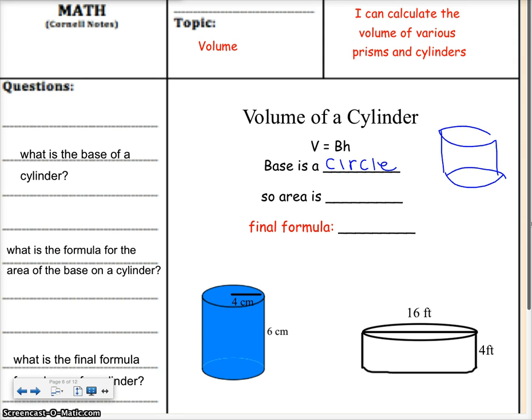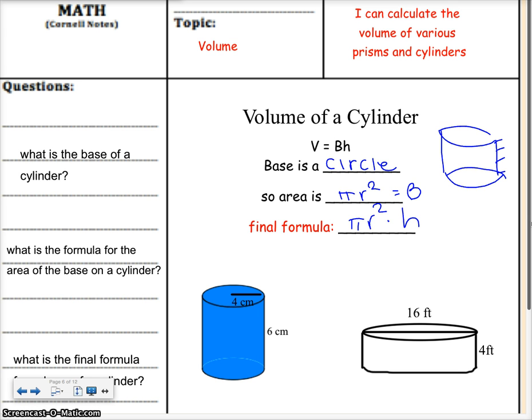What is the formula for the area of a circle? Yep, so area of the base is pi r squared, so that's our big B. So our final formula is big B, which we know is pi r squared, and then you times it by however tall it is.